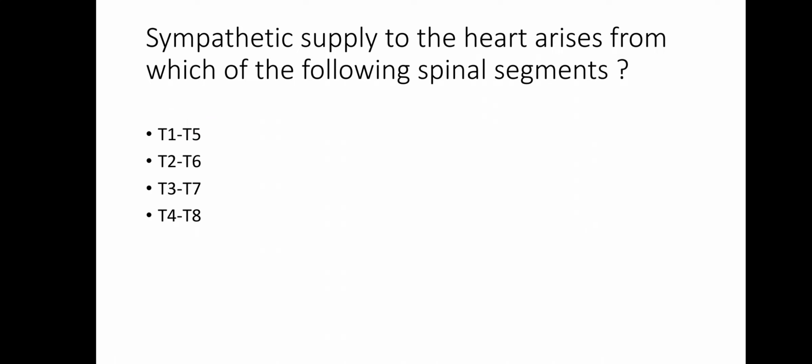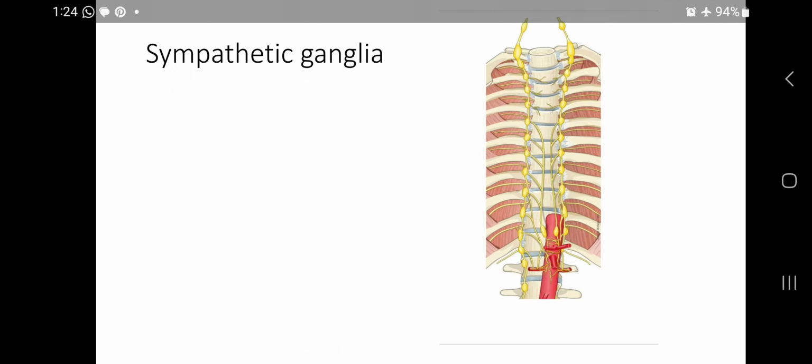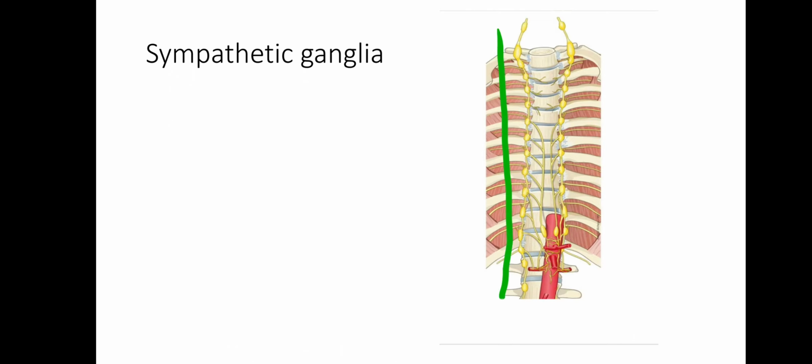Now going into depth, we will see about the sympathetic ganglia. As I said before, the sympathetic output is a thoracolumbar output, but the sympathetic ganglionated chain extends from the cervical to the coccyx region.